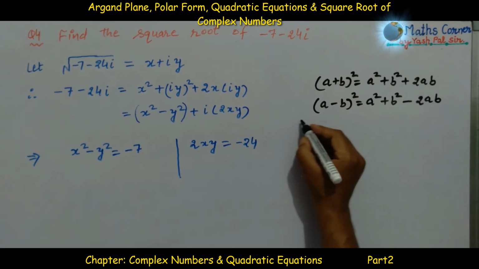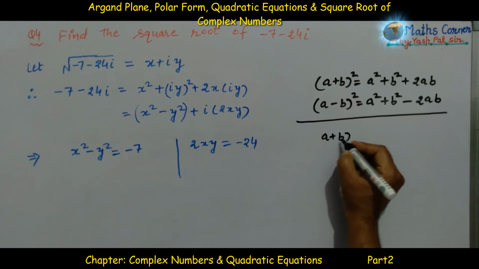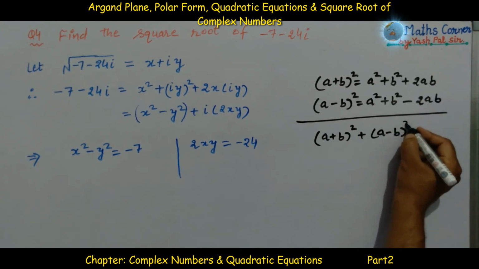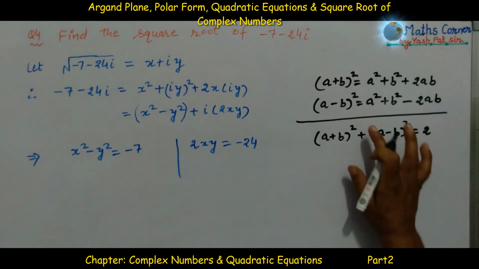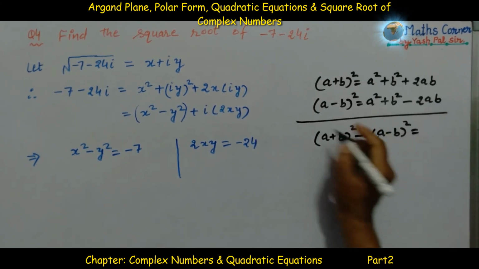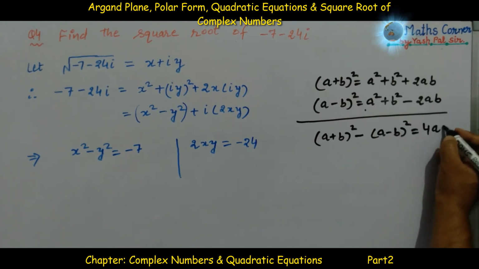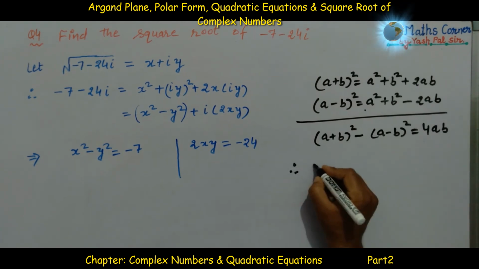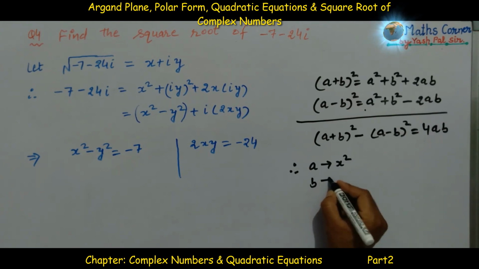Now subtracting these two, a plus b whole square minus a minus b whole square, this cancels, this cancels, and this becomes 4ab. So now in place of a we put x square, and in place of b we put y square.